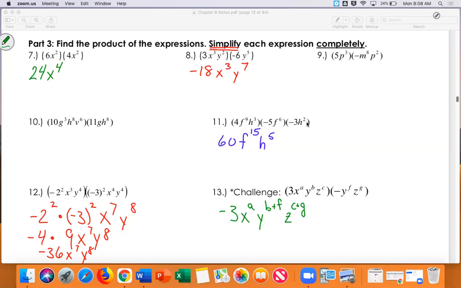Mackenzie, what did you get for number 9? I got negative 5p to the 5th and then m to the 8th. Wait, what was that? Negative 5p to the 5th, m to the 8th. Very good.